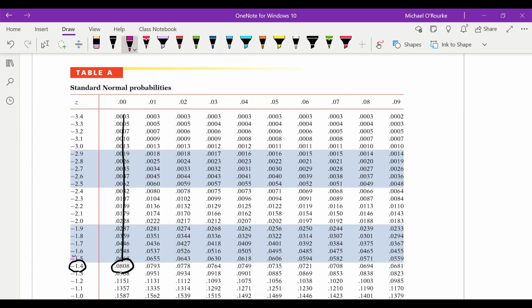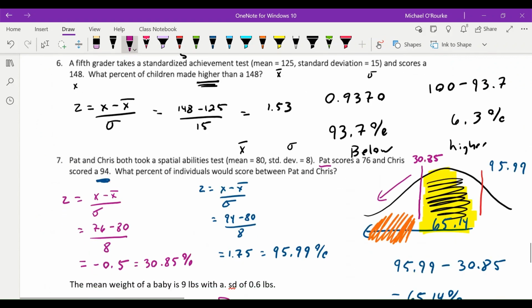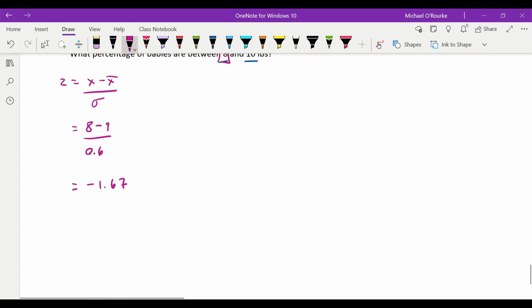So negative 1.67. Negative 1.6 is right here. 7's way over here. 0.0475 or 4.75%.